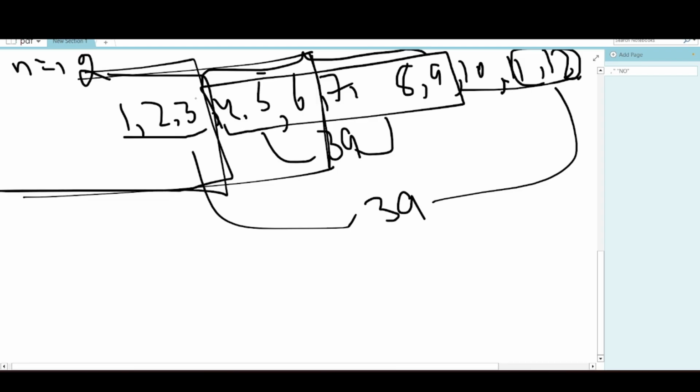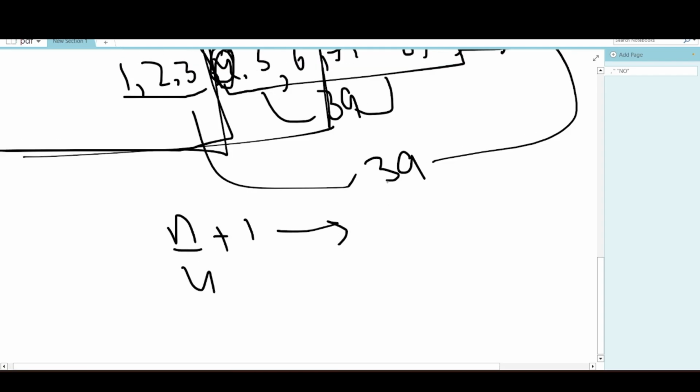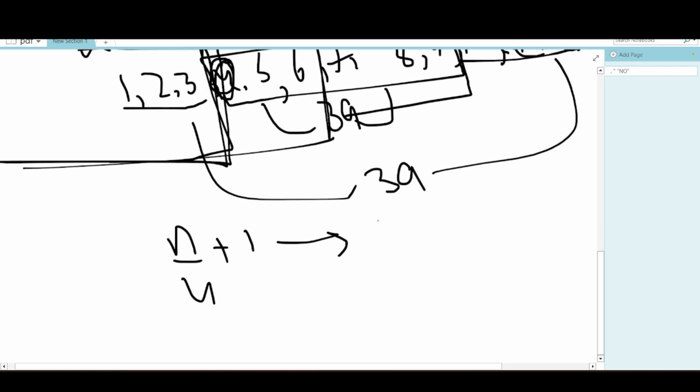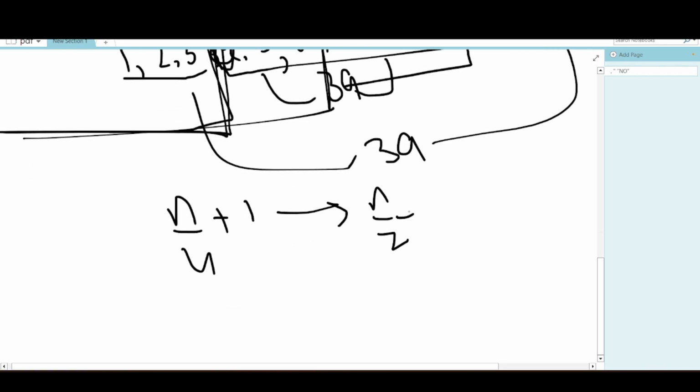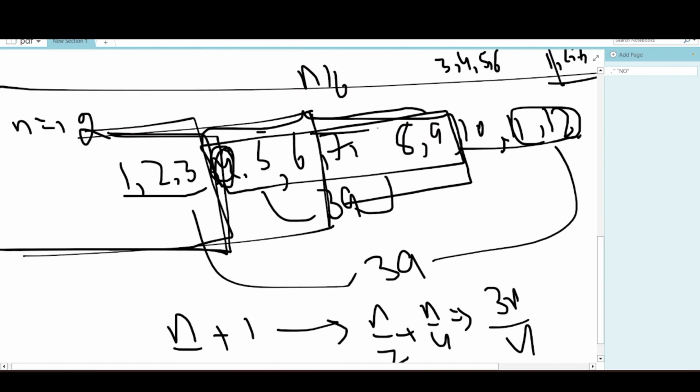So I need to start after the first 3 elements, that means n by 4 plus 1. Since 3 elements are n by 4, I need to add them to n by 2: n by 2 plus n by 4, which becomes 3n by 4. So 3n by 4 is the last limit.